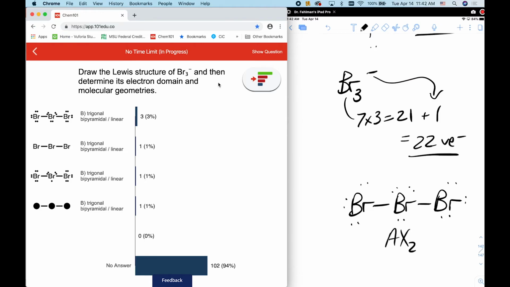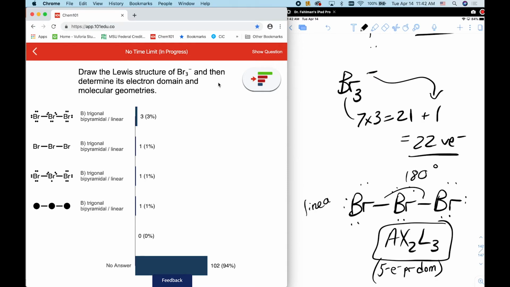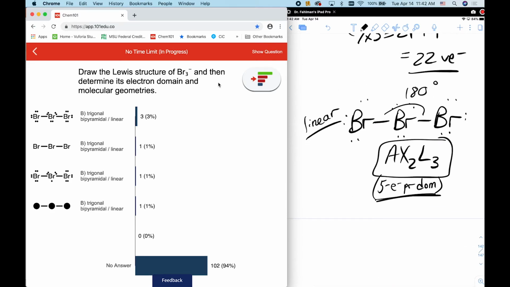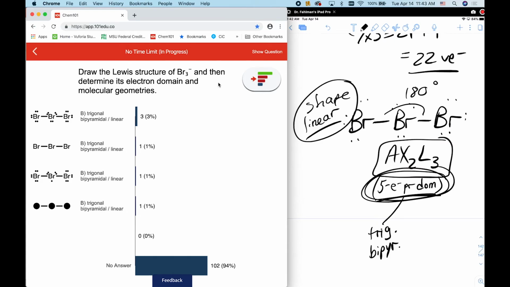This would be our AX2L3, related to 5 electron pair domains. And so now it's just going to be linear. So electron domains and molecular geometries: its electron pair domain is still going to be trigonal bipyramidal, but its shape is linear. This is a good example of both of those concepts in a question, very typical of what you might see on the final.